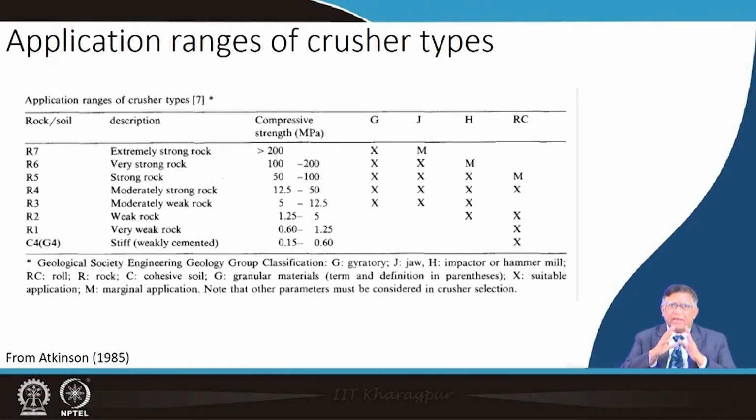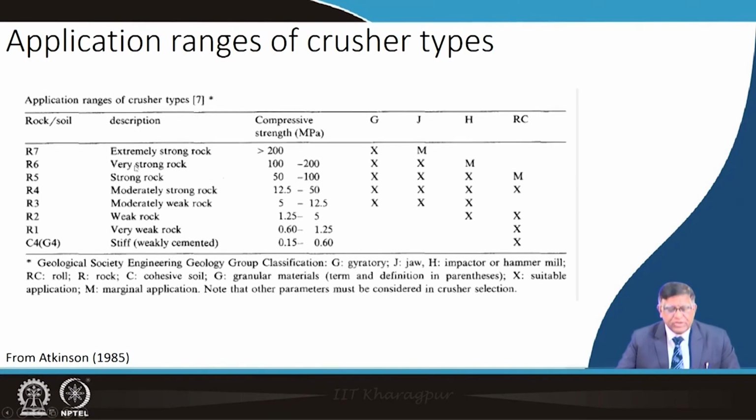And in hard rock mining, they use different types of crushers depending on the compressive strength. If it is more than 200 megapascal, then for the in-pit crusher they will have to use a gyratory crusher or jaw crusher. Here M is marginal application and X is suitable.